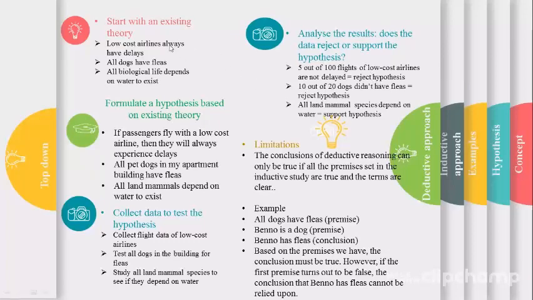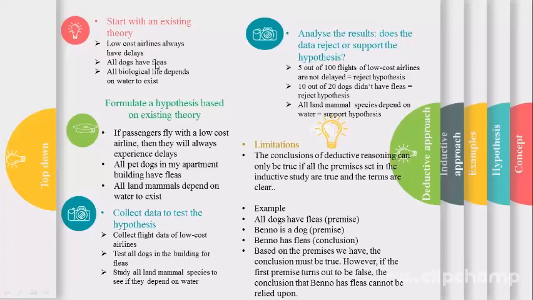Because see what it says: always have delays. Always. This is the word. But here we see that 5 flights did not have a delay. That is why we will negate, reject this hypothesis. Similarly, if we go through this, all dogs have fleas.